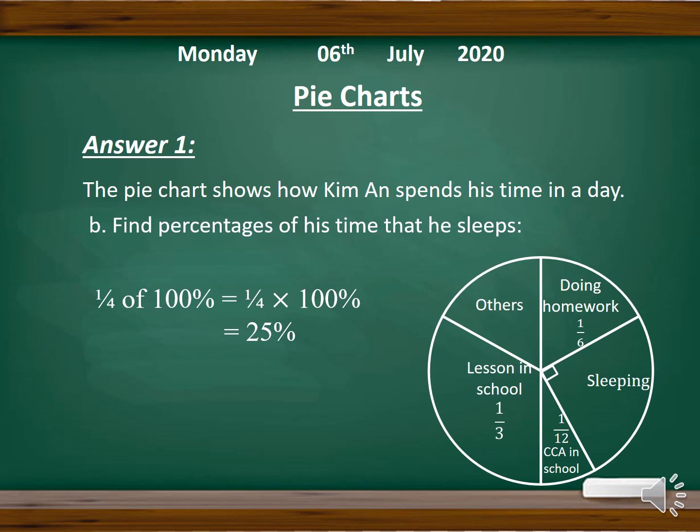And the whole pie chart is 100%. In order to find the percentage of his time that he sleeps, we take 1 out of 4 multiplied by 100%. It is 25%. So he spends 25% of his time to sleep.